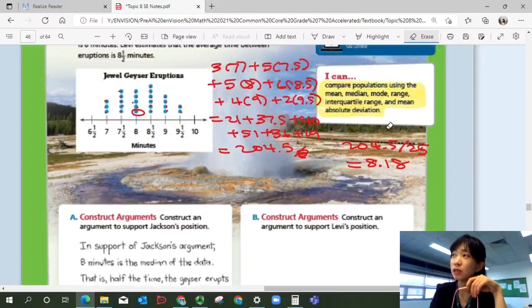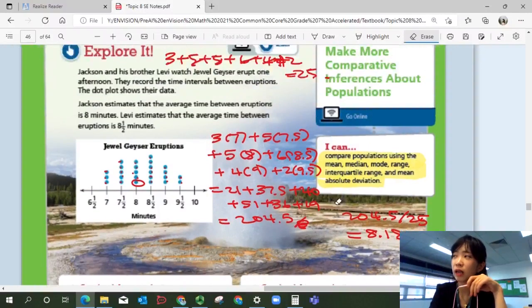Part B, construct an argument to support Levi's position. So I don't think Levi used either the mean or the median because 8.5 is not a good estimate for either of them, right? So what else could he have used? What if he's talking about the mode?